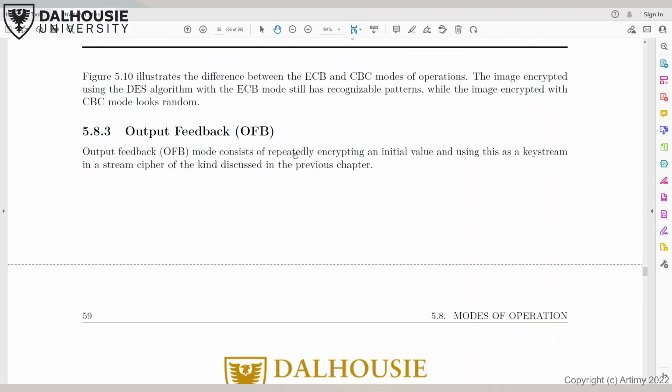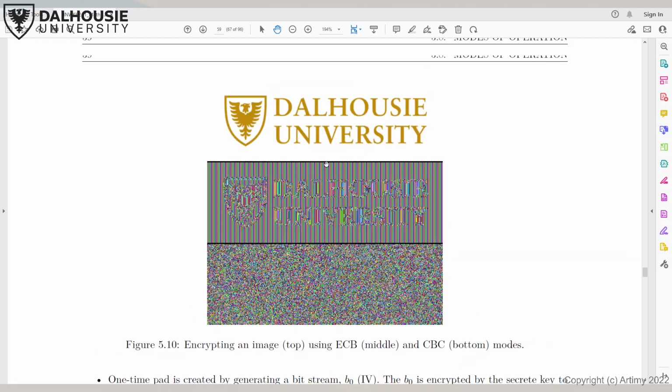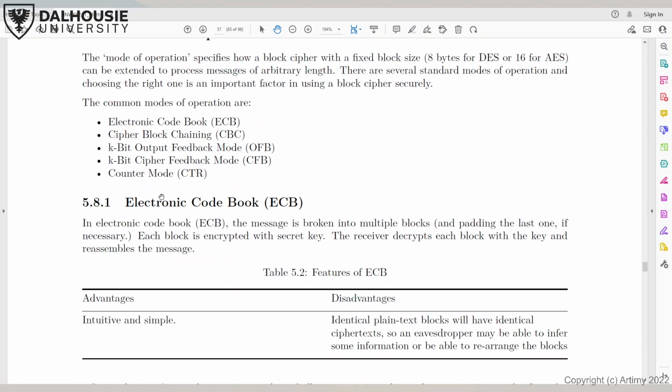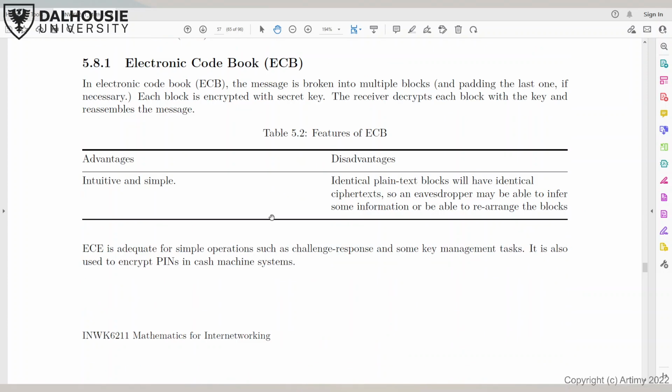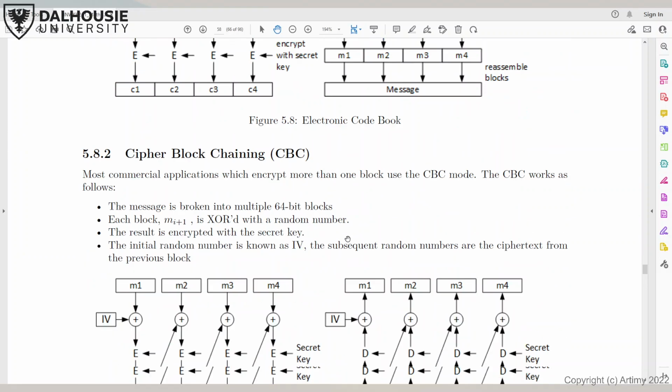If I use this technique, the output will be the bottom picture here. You see, the same logo was encrypted with the same algorithm, but the top one used the first technique, electronic code book, and the second one used CBC, cipher block chaining.